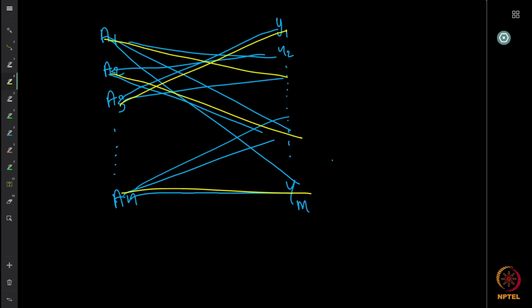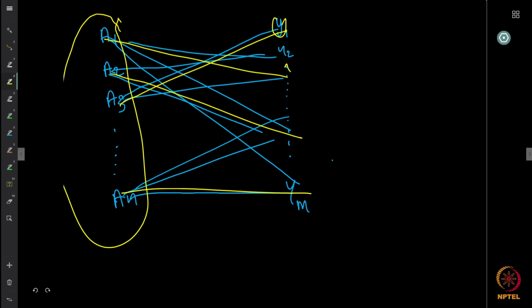And therefore, if there is a matching which saturates A1 to AN, which saturates the side X, then of course we know that you have a system of distinct representatives, right? Because this matching will give you precisely the representatives of the elements matched in the side Y, right?